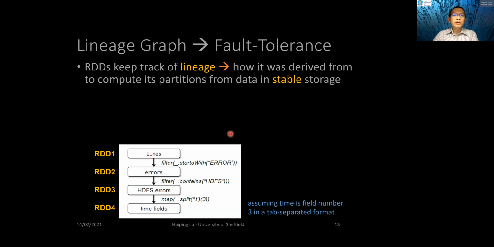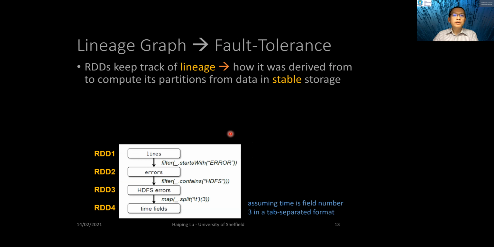This lineage graph facilitates fault tolerance. Because RDDs keep track of the lineage, they have the knowledge of how the RDD was derived and how to compute its partitions from the data in stable storage.